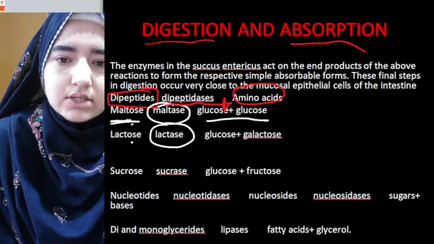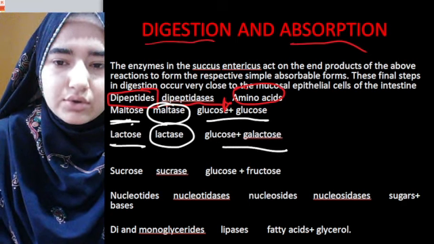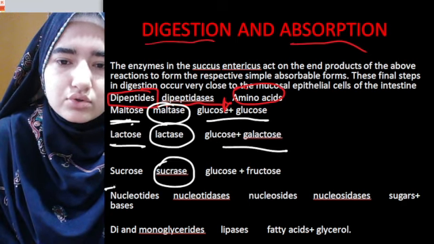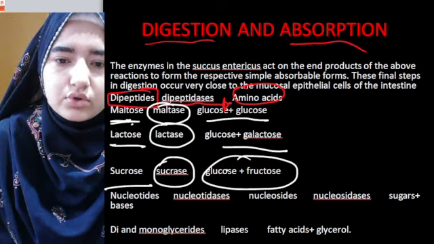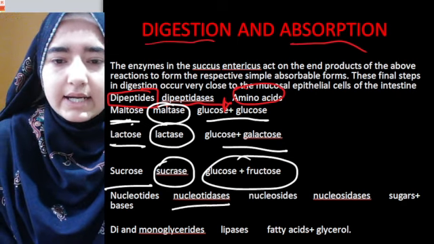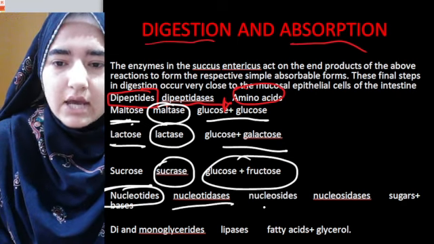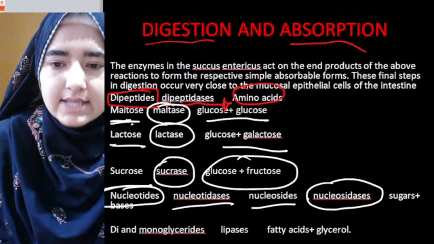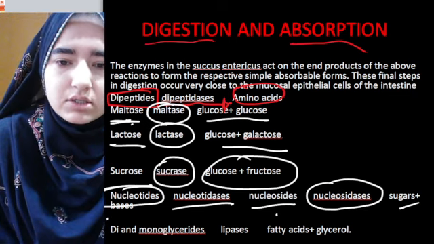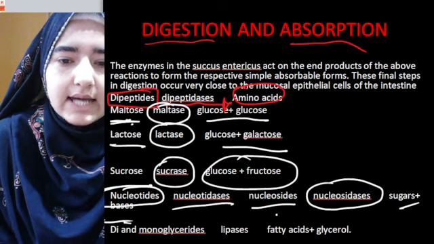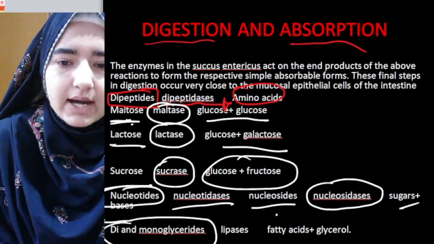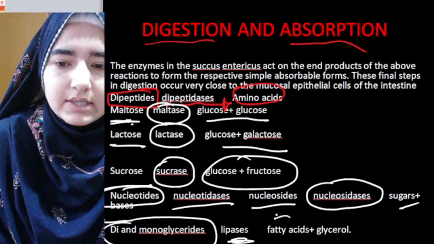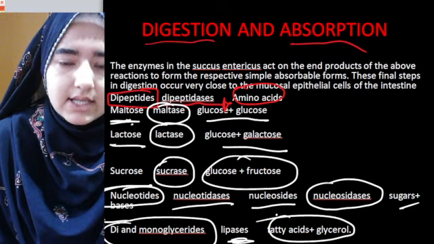Similarly, lactase acts on lactose, it gives glucose plus galactose. Sucrase acts on sucrose, it gives glucose plus fructose. Similarly, nucleotidases act on nucleotides, which gives nucleosides. And finally, nucleosidases act on nucleosides, which gives sugars plus bases. Similarly, di and monoglycerides, which are actually fats, are acted upon by lipases, thus giving fatty acids plus glycerol.